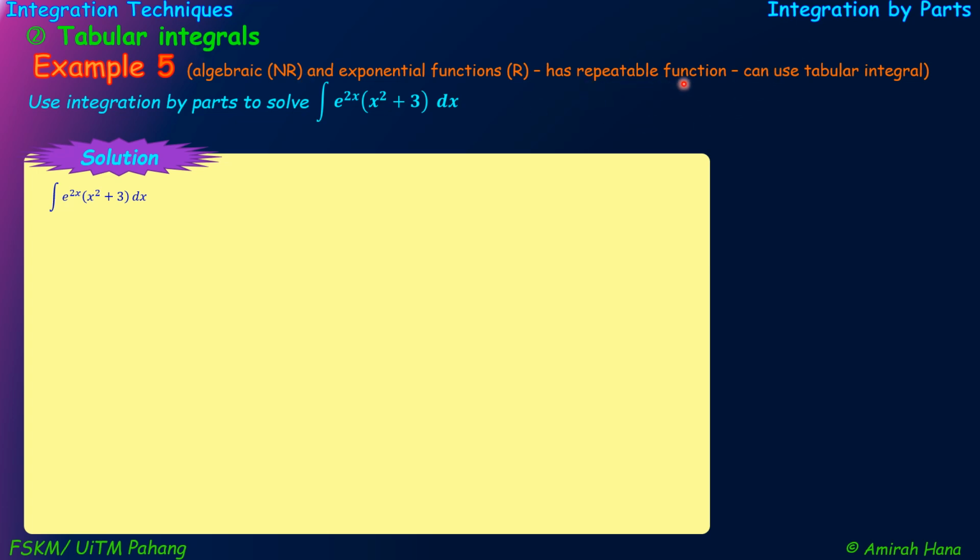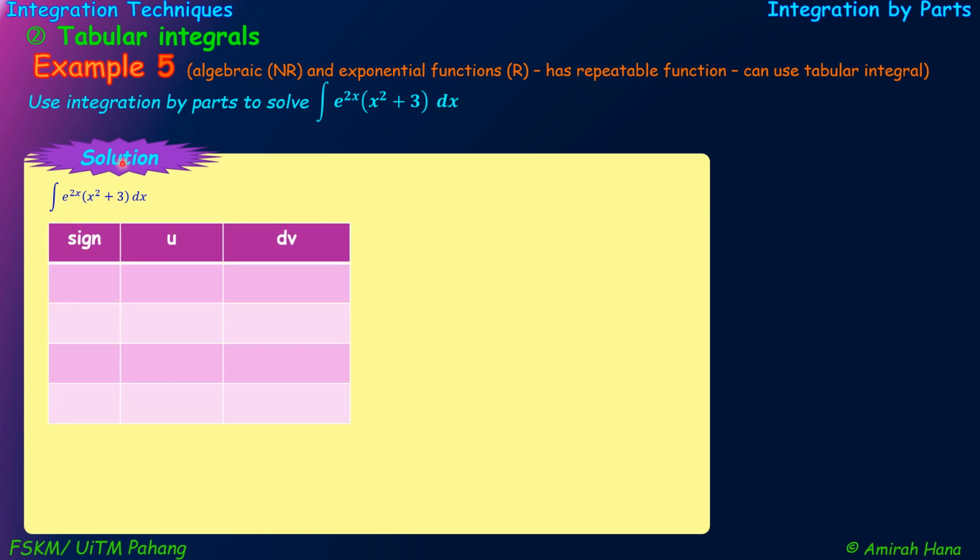When we have a repeatable function, meaning exponential function or trigonometric function, we can use either tabular integral or the integration by parts formula. The integration by parts formula means integration of u dv equals uv minus integration of v du. For convenience, I will discuss this question using tabular integrals.